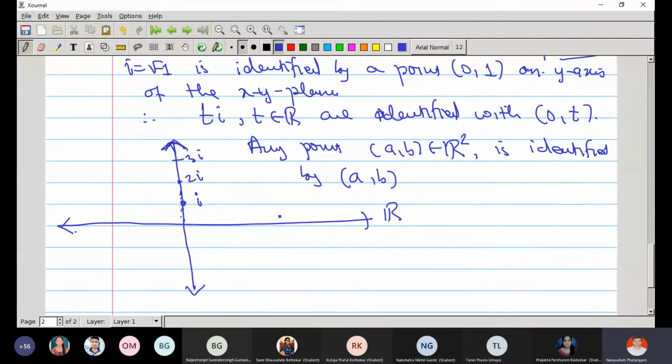Now, what is this 1? As a part of the plane, it is (1, 0). So (2, 0) likewise. Therefore, (a, b) I can write as (1, 0) times a plus (0, 1) times b. Am I right? Is whatever I have written correct?